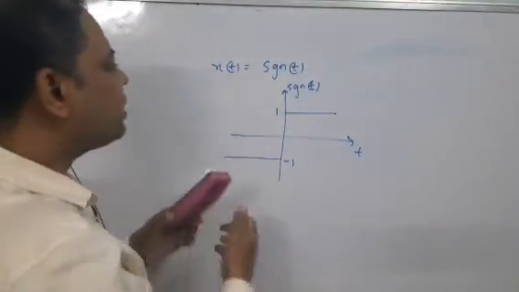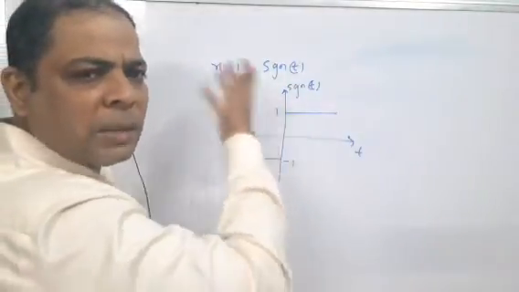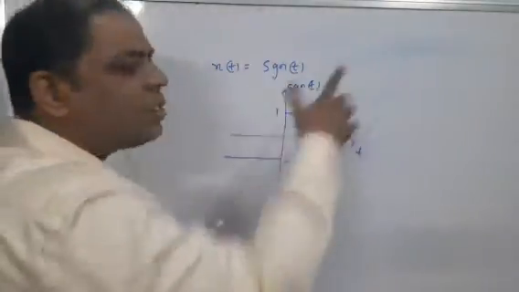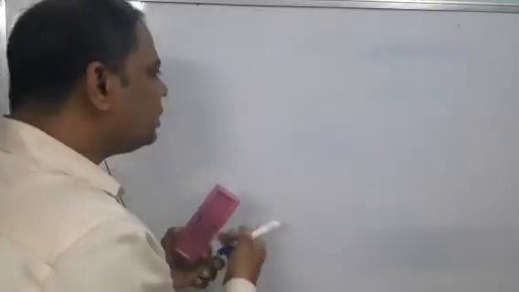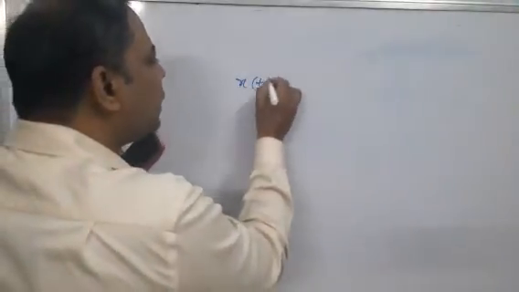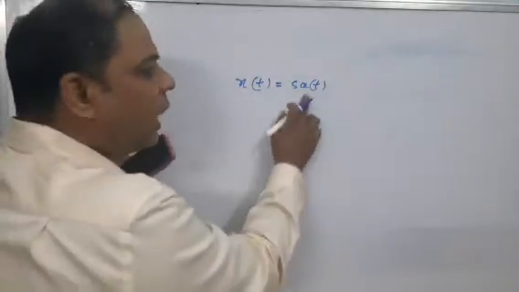Okay. Next let us see, because these things I have already discussed in my previous videos. You just see my previous videos, the entire discussion of signum t you will get. So next is x(t) is equal to sampling t. You know sampling t? Already I have covered sampling t.